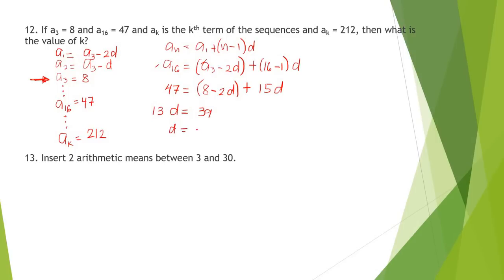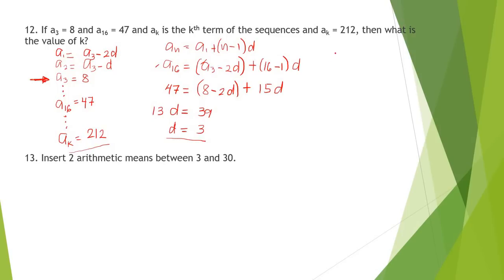Our d is equal to 3. Since we already know our d, we can now determine our k given this information.